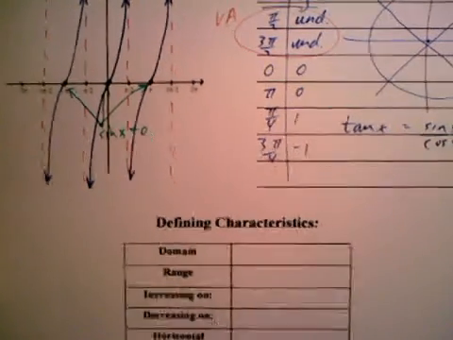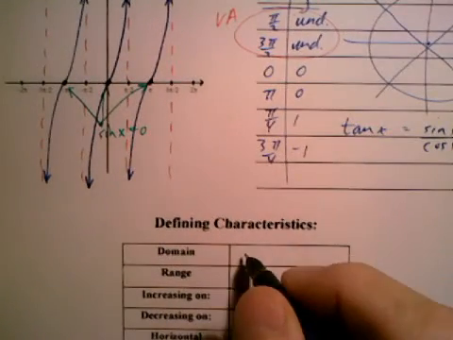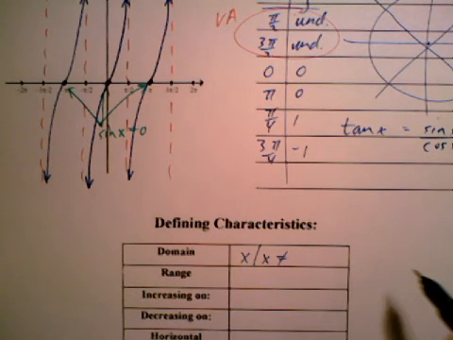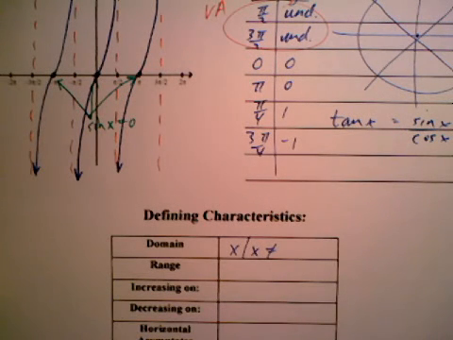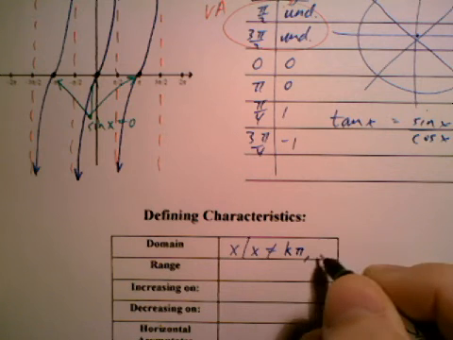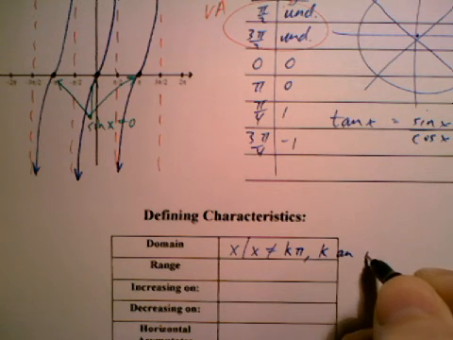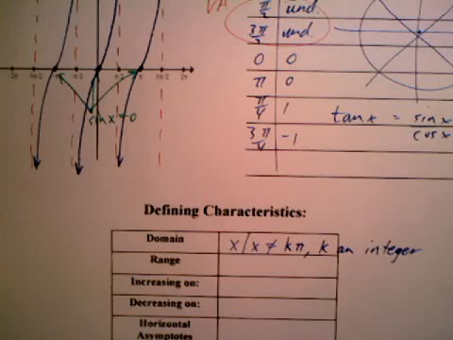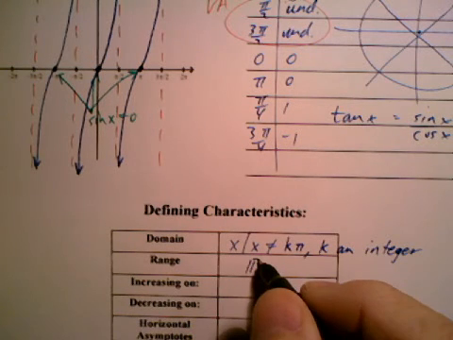So let's go ahead and look at the domain. The domain is all real numbers x such that x does not equal, see if you can figure out how to write this. Maybe pause the video. Does not equal k times pi, k an integer. So I left the word is out on that one. The range is all real numbers.